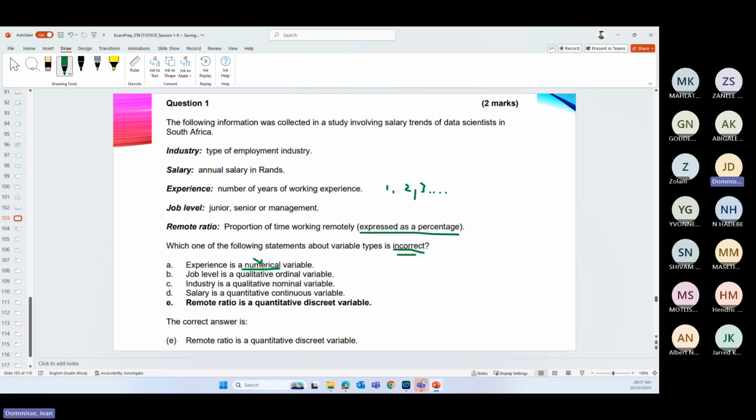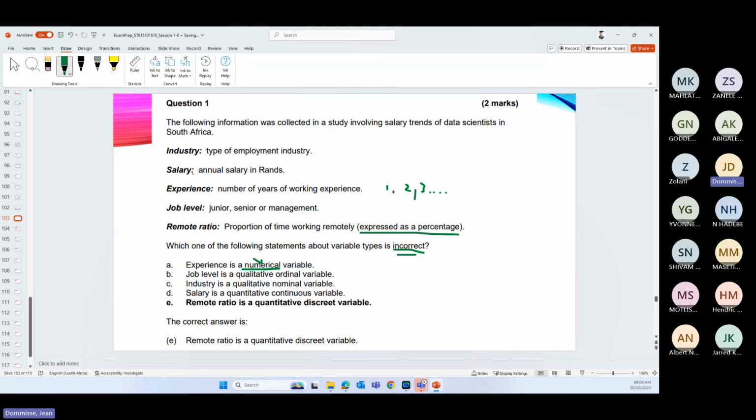If they had said experience is short, long, medium, or anything like that, then it would have been more categorical and probably more of a ranking kind of variable. But when it is numbers, it is numerical.